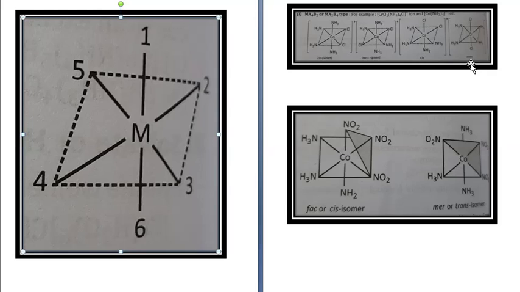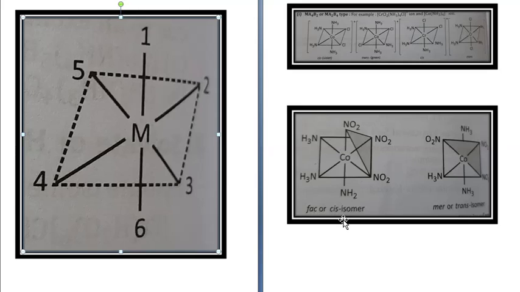In facial or cis isomer, each trio of the donor atom occupies adjacent positions at the corner of a triangular face of octahedron, while in meridional or trans isomer they occupy positions on the corners of a square plane. See here, 3 NO2 are present, so 1, 2 and 3 trigonal position. But in this case, this is fac or cis.